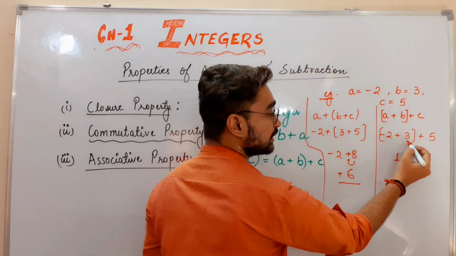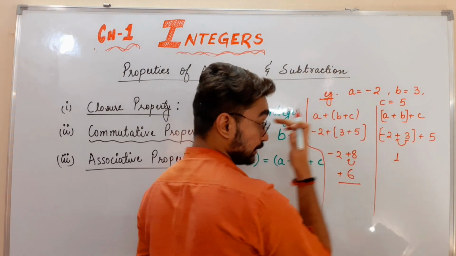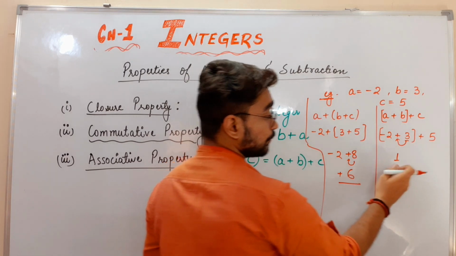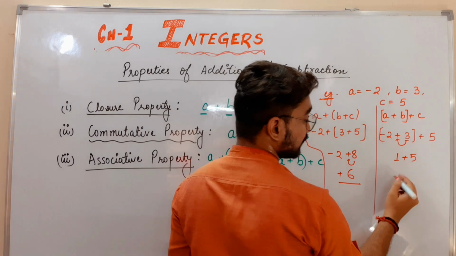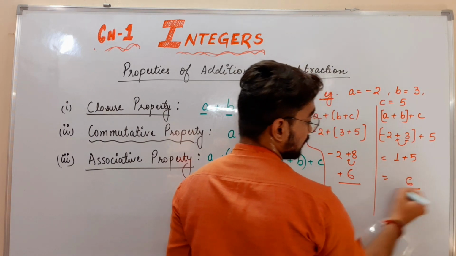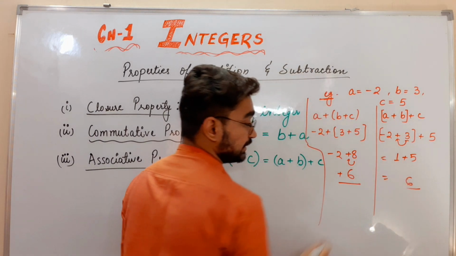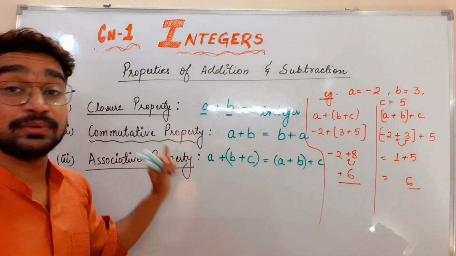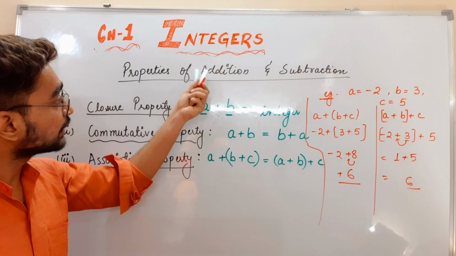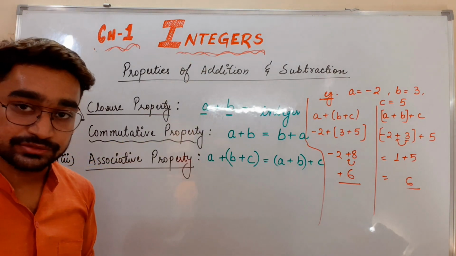Positive 1, because 3 is bigger and the symbol before 3 is plus. So 1, and what is left here? 1 plus 5. How much is 1 plus 5? 6. Are they both the same? Yes, both are the same. That means the associative property is also applicable in the case of addition of integers.